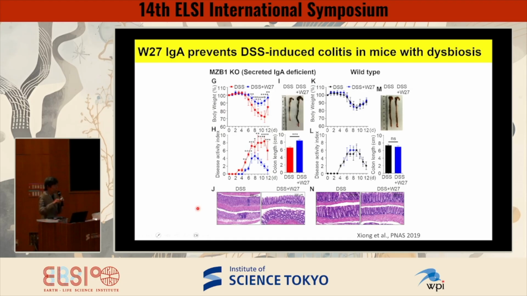But interestingly, on the left-hand side, these are wild type mice. They are in a symbiotic condition, so W27 intake did not have any effect, because W27 can bind only the harmful ones. In the wild type condition, there is no target for W27.